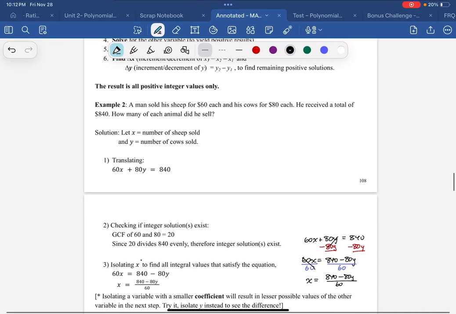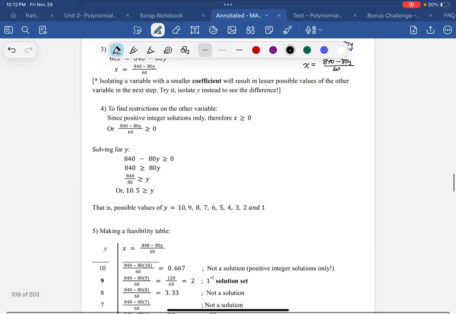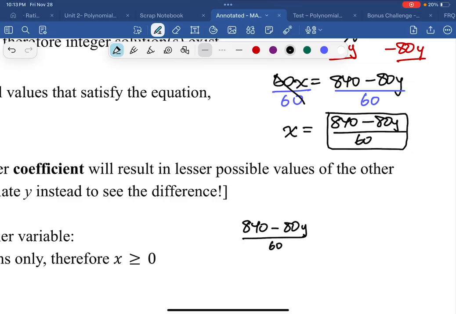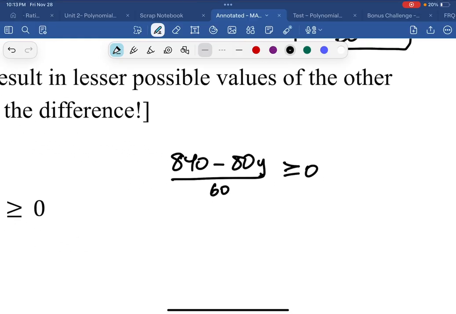This is a more formal approach to doing that, because what they did was they said, all right, this number has to be greater than or equal to 0, because maybe it's all cows, or maybe it's all sheep. We allow for 0 to be the other variable.